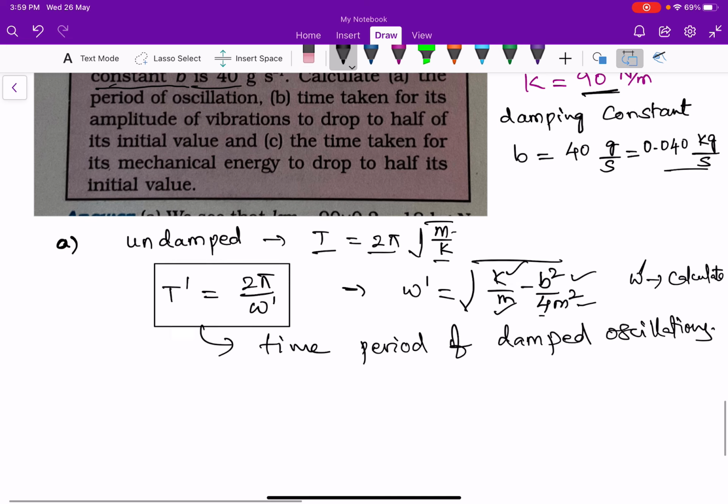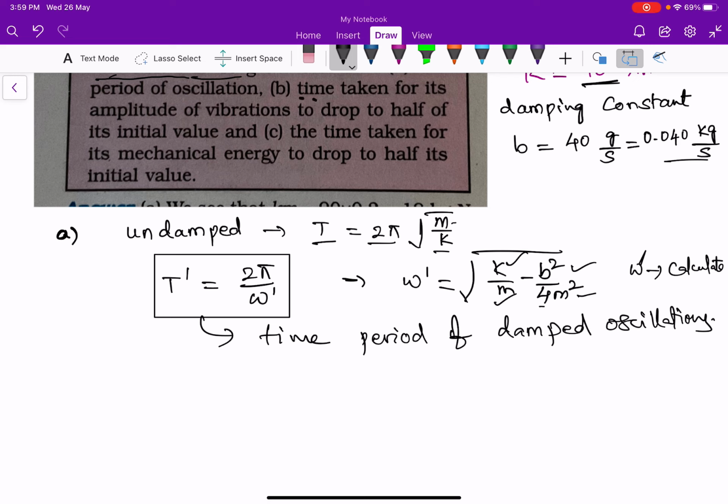And the second bit is to find the time taken for its amplitude of vibrations to drop to half of its initial value.